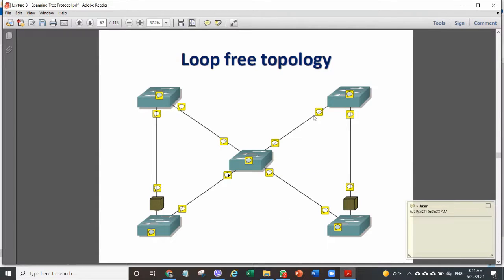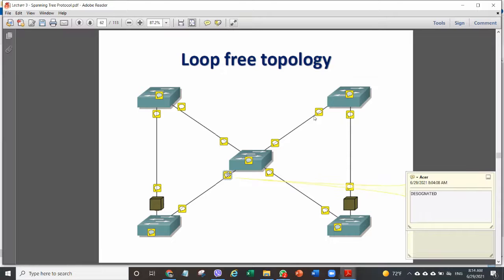Actually there can be cases where the root is connected with one of these switches 2 times. If there were two links instead of this one link, there are times when a port becomes non designated, because one link is blocked.